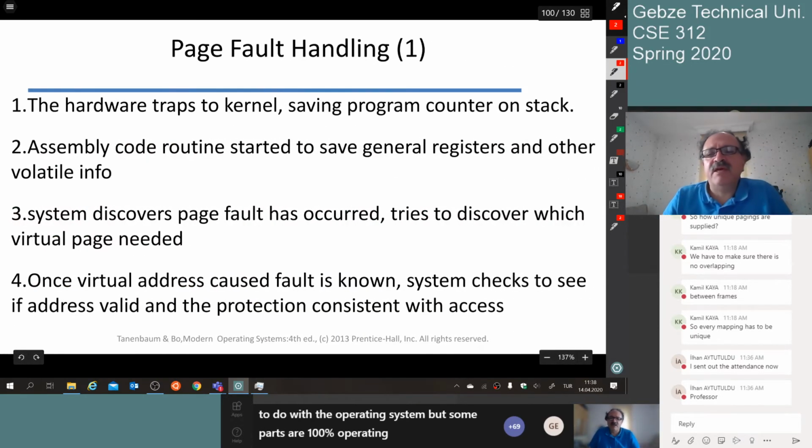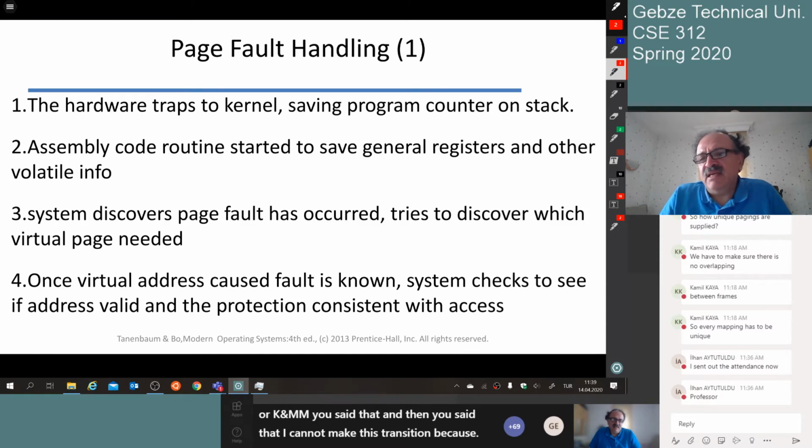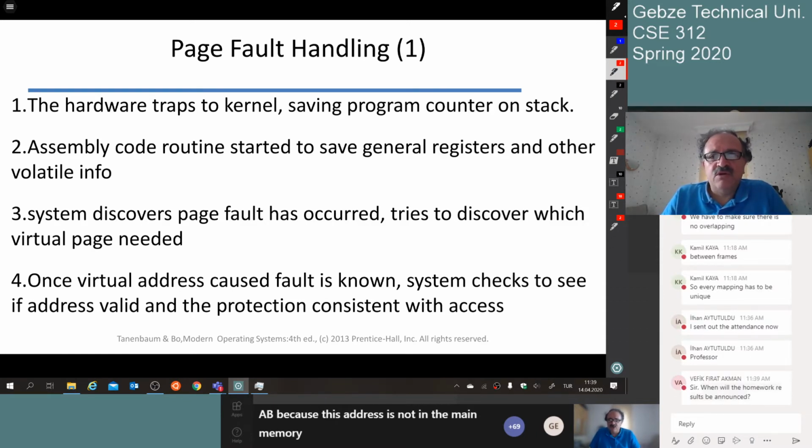At the beginning, I execute an instruction that needs to access a memory location, and the MMU says that it cannot make this translation because this address is not in the main memory. So it causes a hardware trap to the kernel. This first step is completely a hardware thing. It has nothing to do with the operating system. It is all done by the hardware.